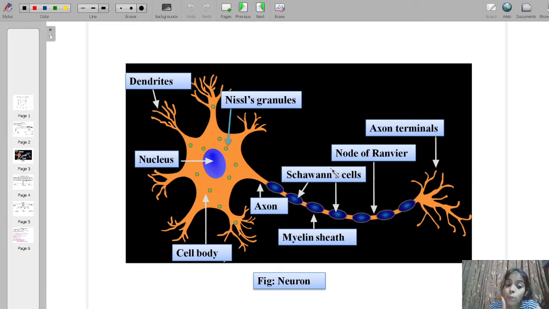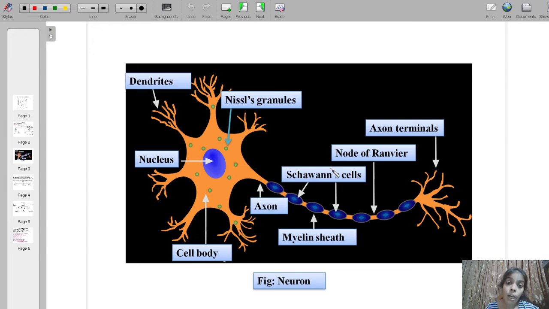But neuron is one such cell in our body which, once we are born, does not divide any further. That is, after we are born, whatever neurons we are born with, the number remains constant. It doesn't increase. It may decrease if there is any damage, if there is any degeneration, but it will not increase.